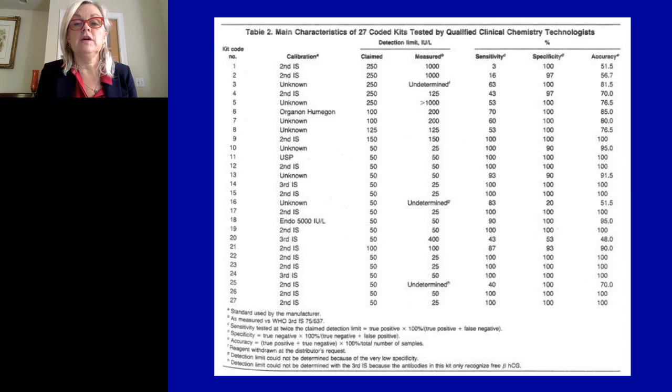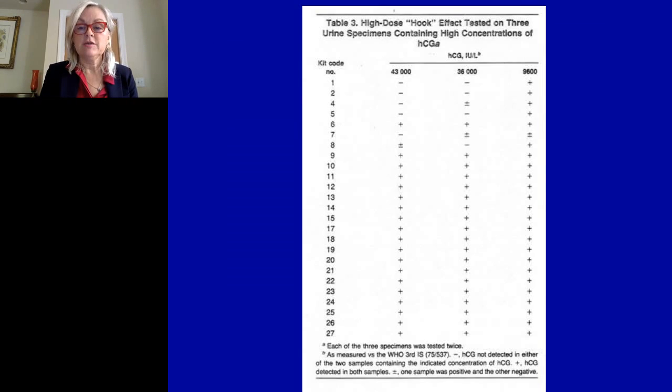So if you look at these results, which were done by clinical laboratory technologists that are licensed, they wanted to basically give our study participants the best chance to do well. So they only took 11 of the kits that performed very, very well in the hands of licensed chemistry technologists.